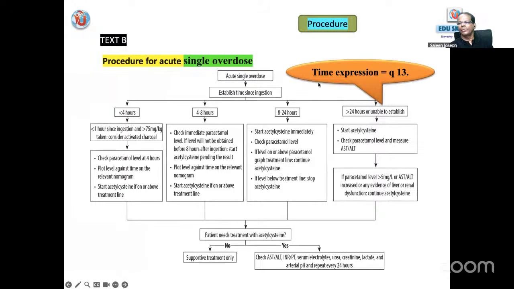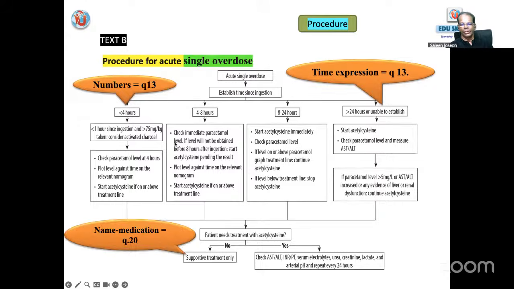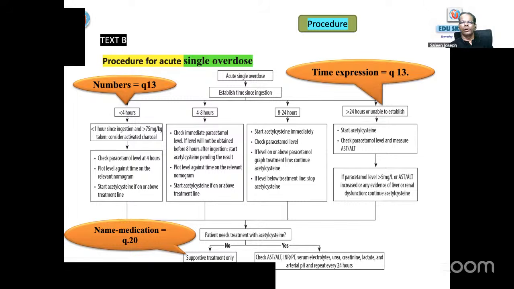See the time expression. Then you have hours, then the name of the medication, all those things. Now, paracetamol overdosing, paracetamol poisoning, emergency treatment of poisoning. What is important here?